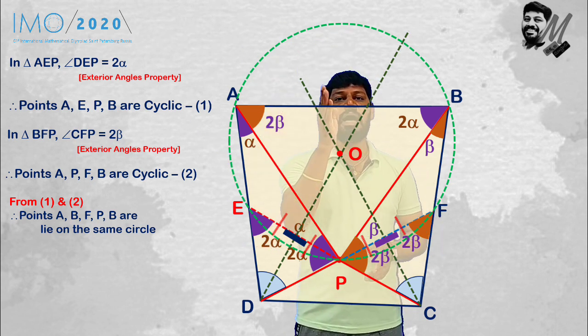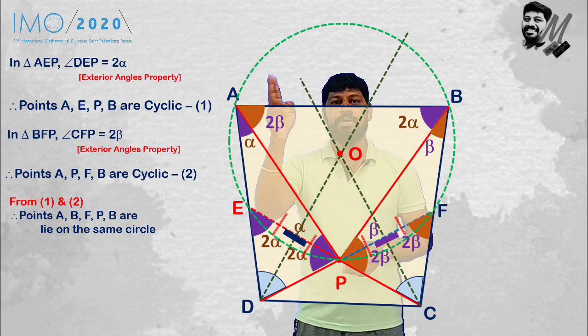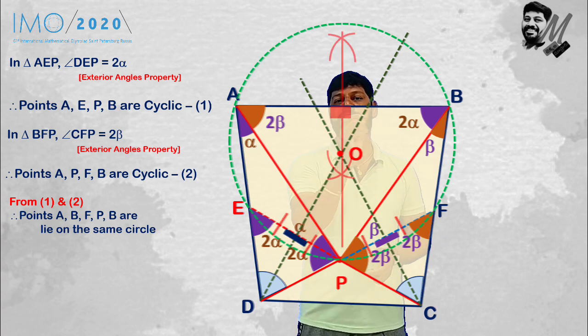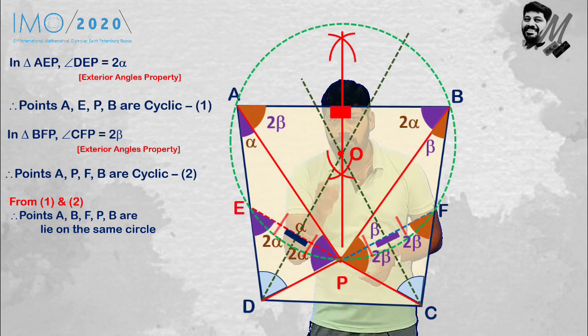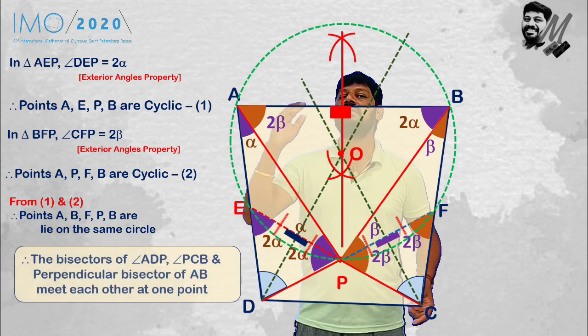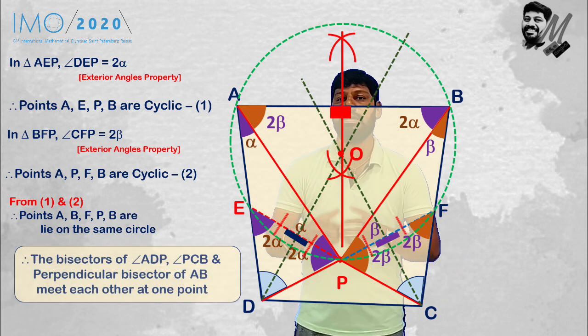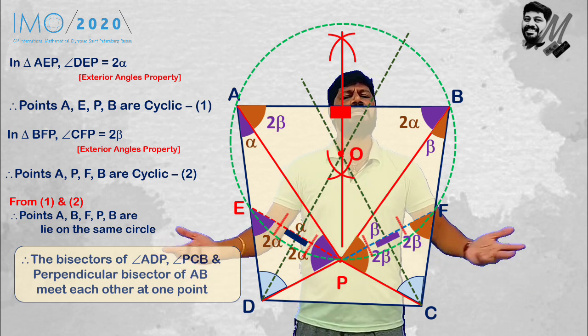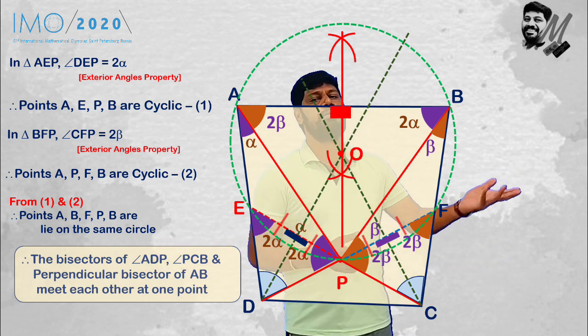So now as we got the center of the circle, AB is also going to be a chord here. So definitely the perpendicular bisector of AB will pass through O only, which means the angular bisectors of these two angles and the perpendicular bisector of AB meet at the same point. That is what we need to prove, simply with the use of all these four concepts.